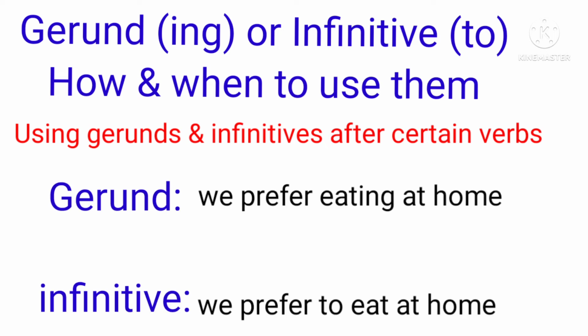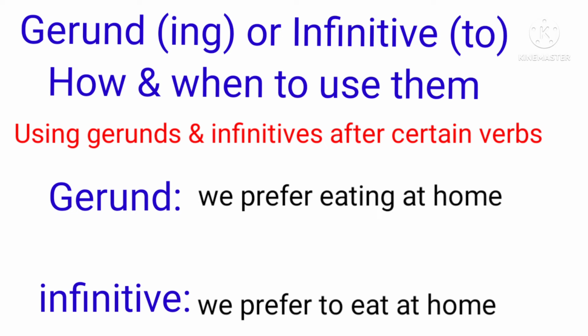Okay, let's look at the word prefer. We use prefer with the infinitive, and also with the gerund. So after prefer, the word that comes after can be a gerund, like eating, which ends in ing.